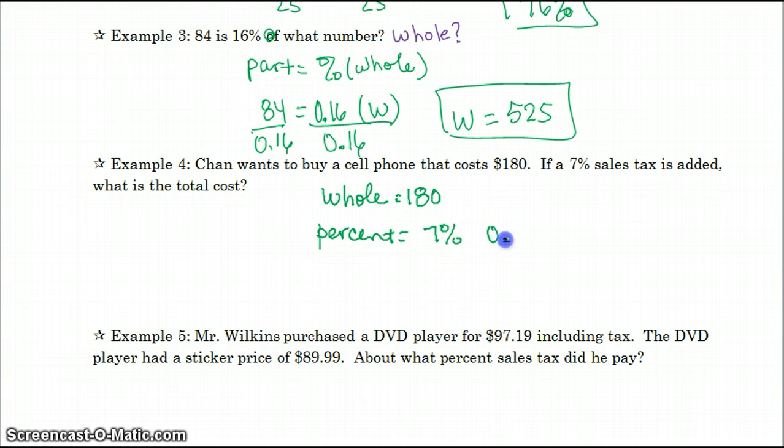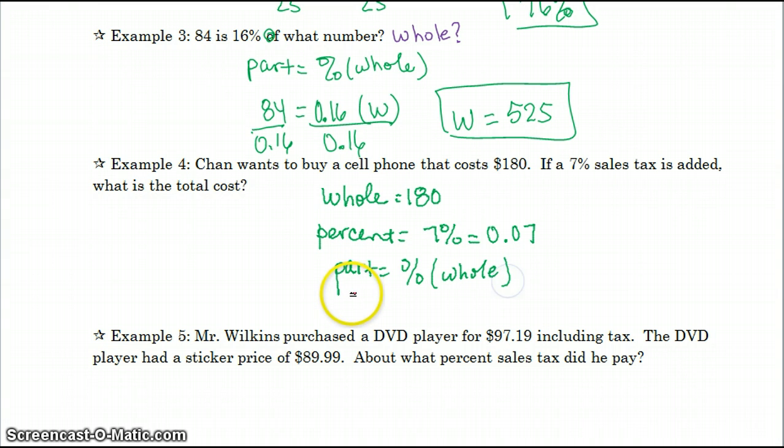Moving that decimal to the left makes it 0.07, dividing by 100 to get it in decimal form. I need to figure out how much the tax is going to be. Tax is going to be my part. Part equals percent times whole.